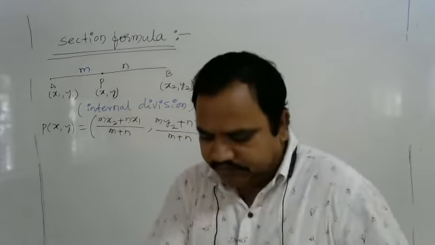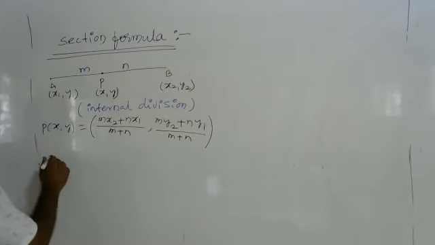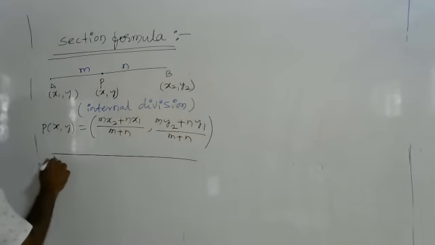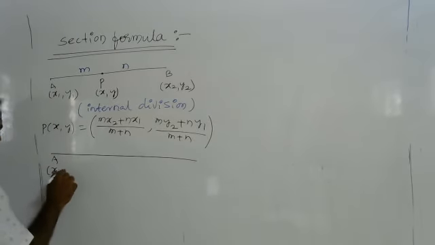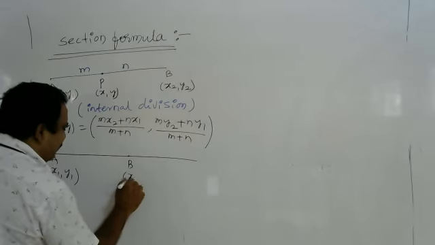So then one more case is there, that is known as the external division. Just listen, after that you can note down. Point is given A of x1 comma y1. Another point is given B of x2 comma y2.